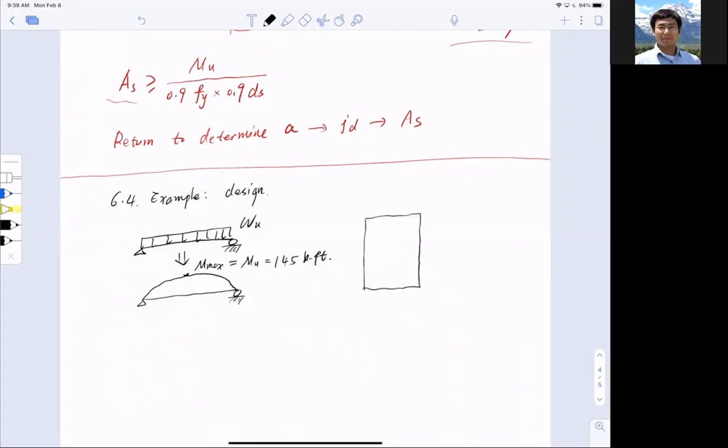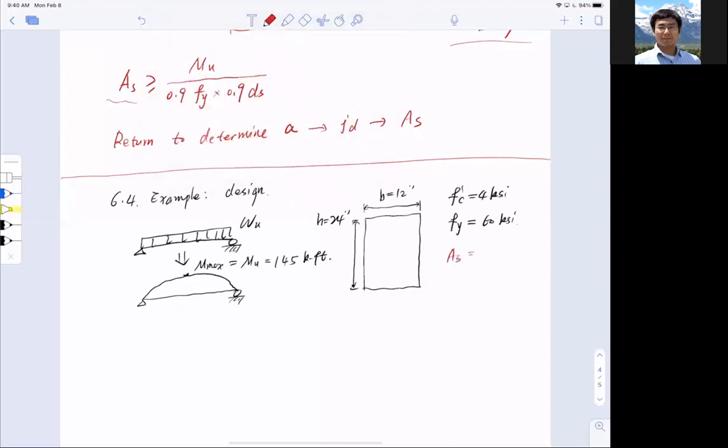The width of that is 12 inch. Height of that is 24. And I'm given concrete of f'c equal to 4 ksi, and the steel of grade 60.